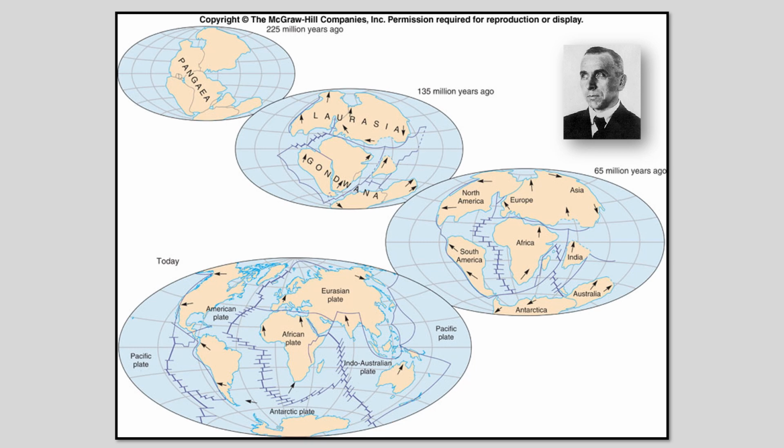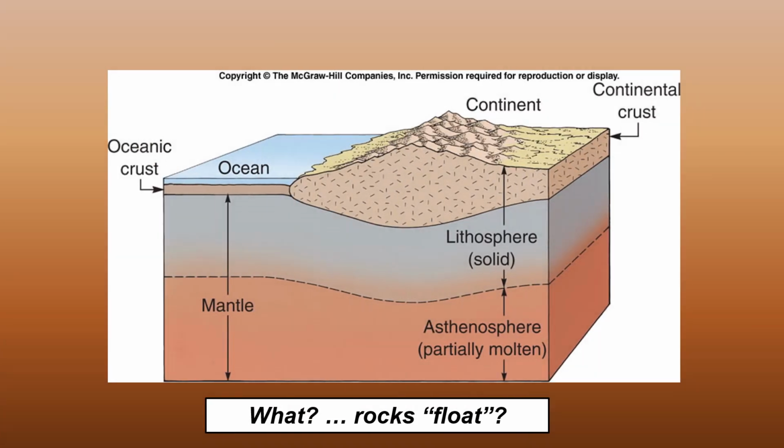All right, so continental drift operates on time scales of millions of years, really tens of millions of years to get the continents to appreciably change their positions. Well, Wegener's idea of continental drift was actually scoffed at for a long time.